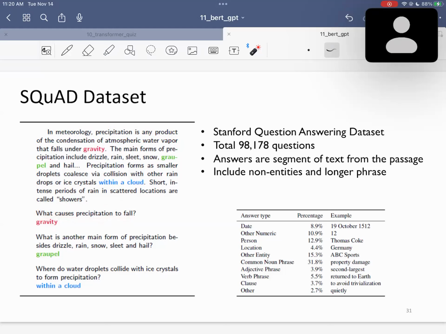So it's an extractive Q&A. You just need to do span detection. For example, here, this is a question, and the answer is within a cloud. So all your model needs to do is read this reference, read the question, and then do span detection in the reference.